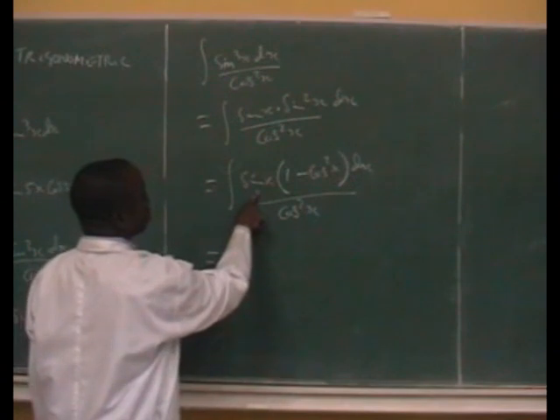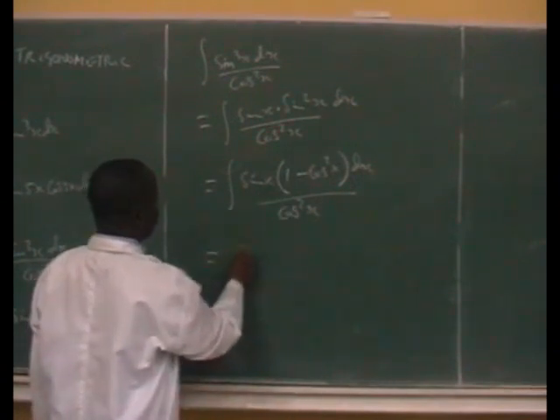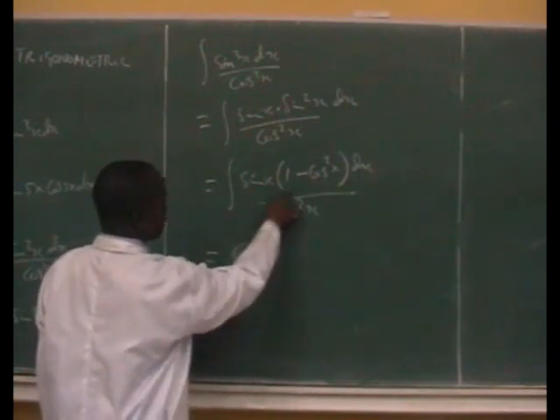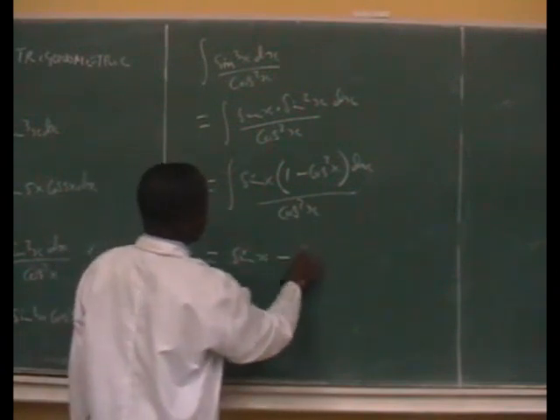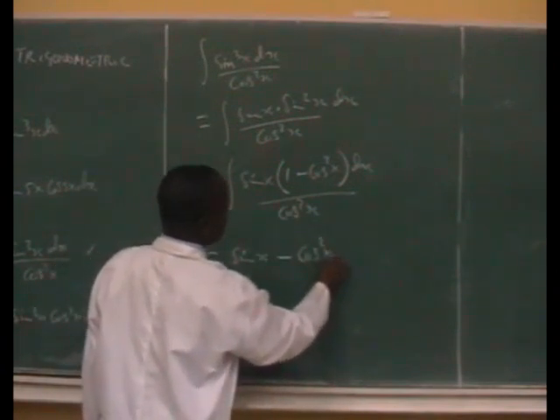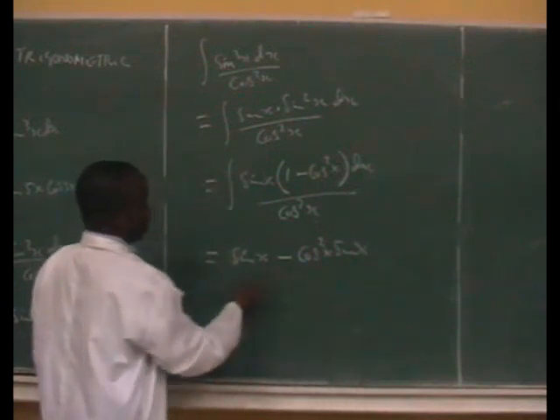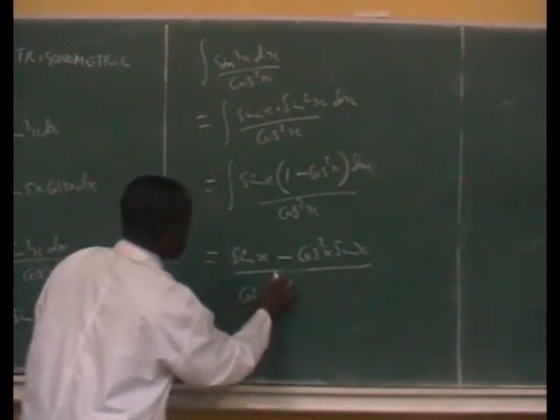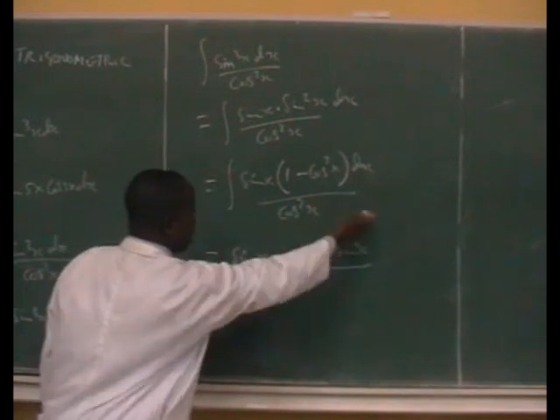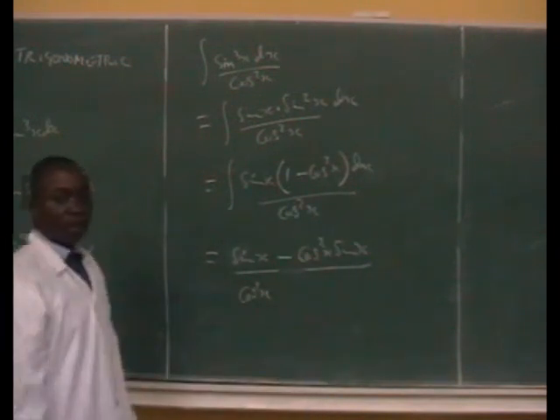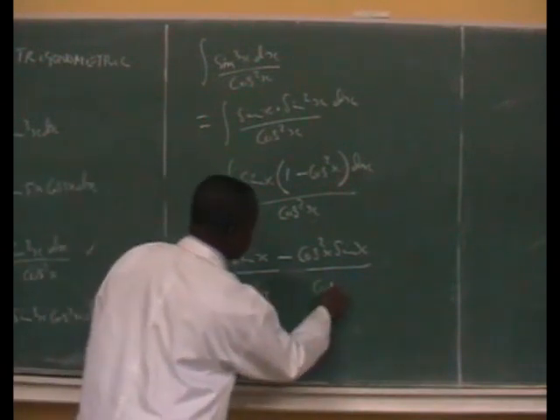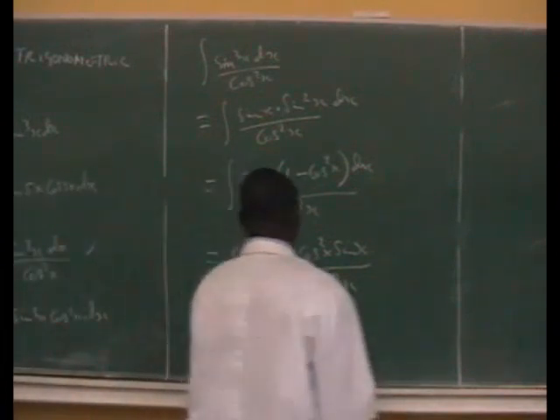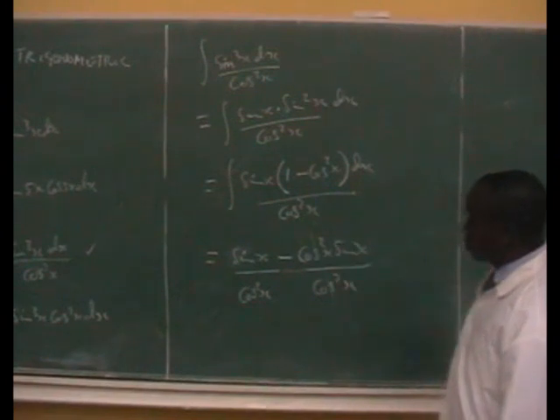Now if we multiply here, we will have sine x, this and this, minus cos square x sine x all over cos square x, because the whole of here is divided by cos square x. And then when we look at this, we can now see that this one can cancel this one.